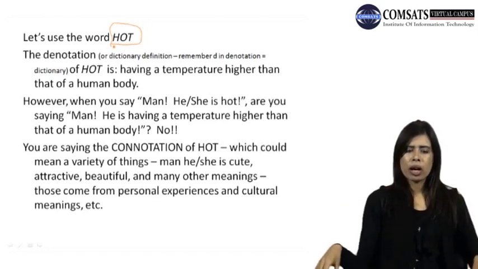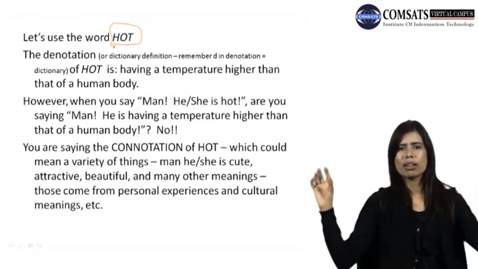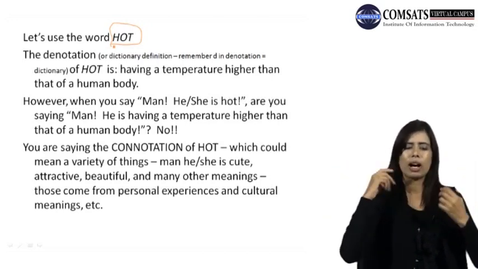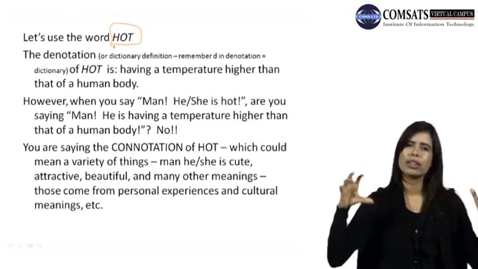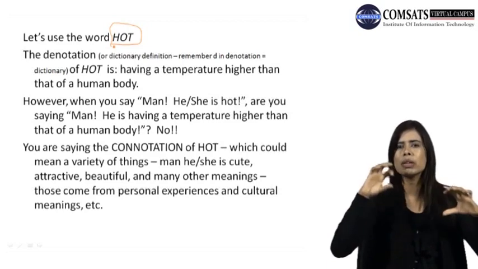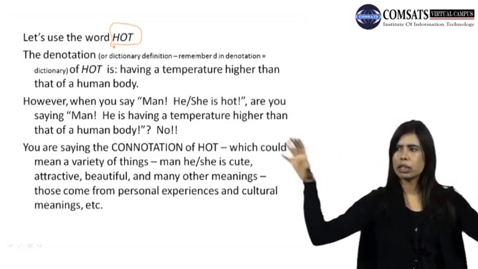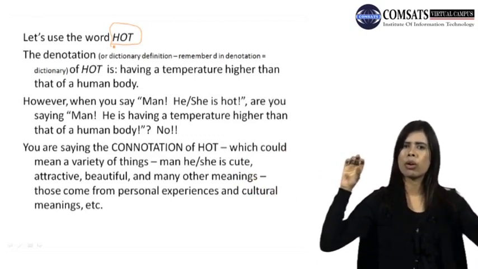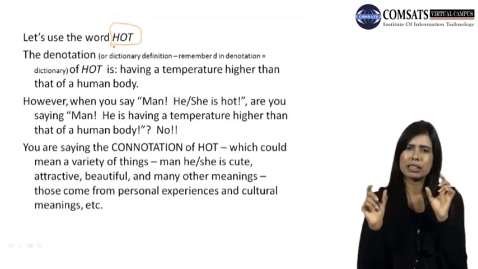However, when you say he or she is hot, this is one example only. Are you saying the man has a temperature higher than that of a human body? My dear students, this is not the case. Here we are not talking about temperature. If we go for the dictionary meaning of hot, for example, the weather is hot outside, that is basically temperature.